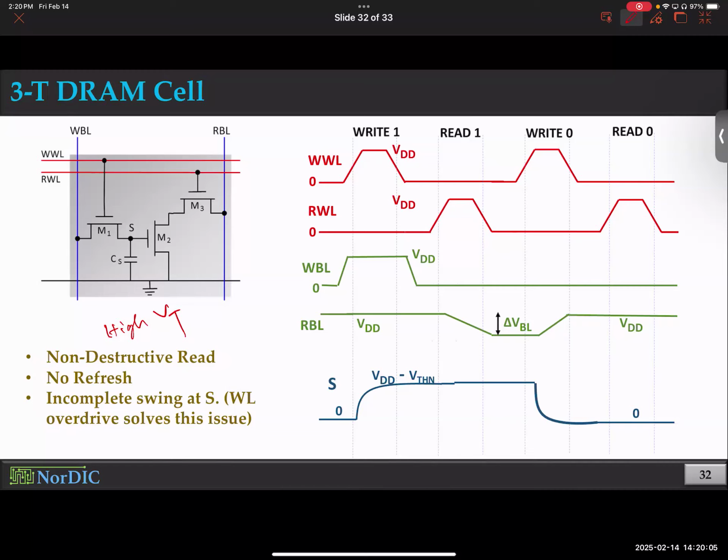Remember, when you apply body biasing, the threshold voltage changes, right? You can increase or decrease the threshold voltage by applying positive or negative body bias. So when you select power saving mode, it changes the threshold voltage in a way that all of the threshold voltages will increase. That way, your leakage will significantly reduce.